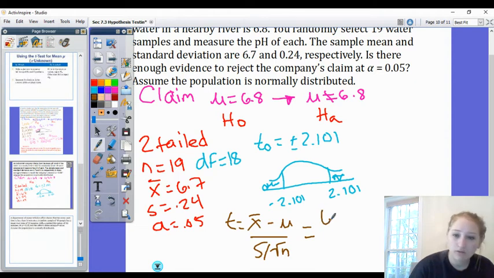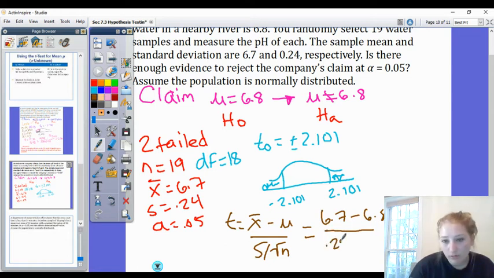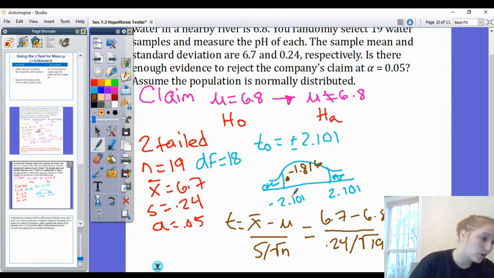So we have 6.7 minus 6.8, divided by 0.24 over the square root of 19. If I do that, I'm going to get about negative 1.816. Negative 1.816 is right here. Is that in the rejection region? It's not. So we are not going to reject H naught.